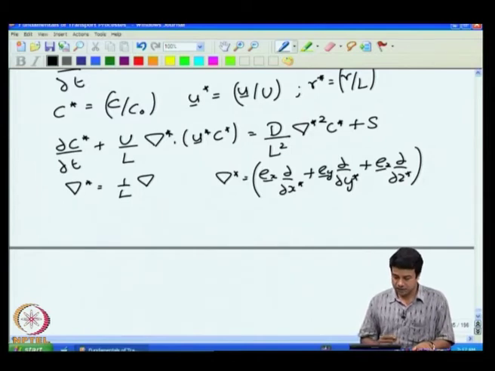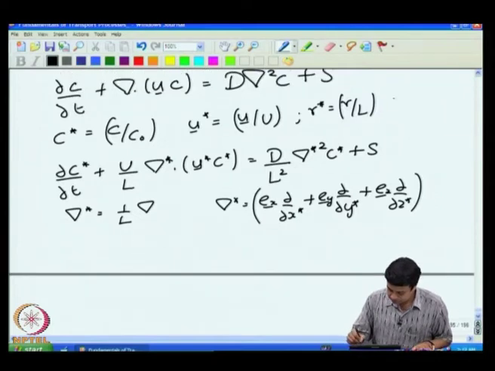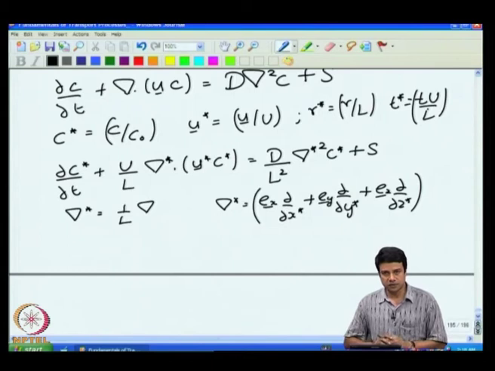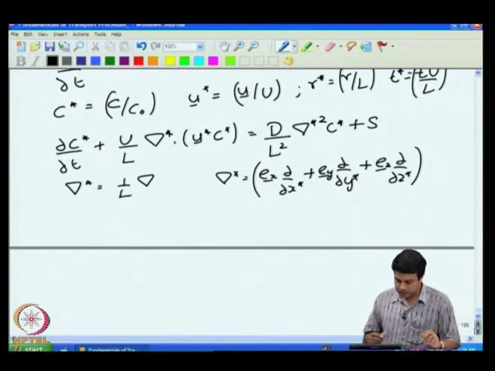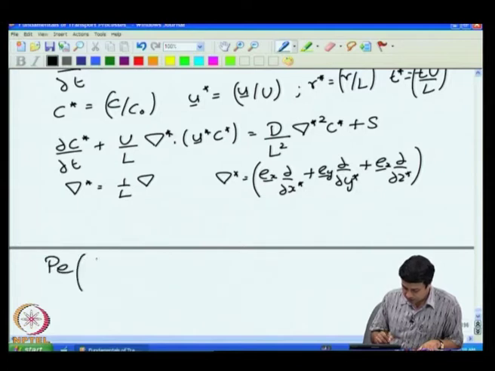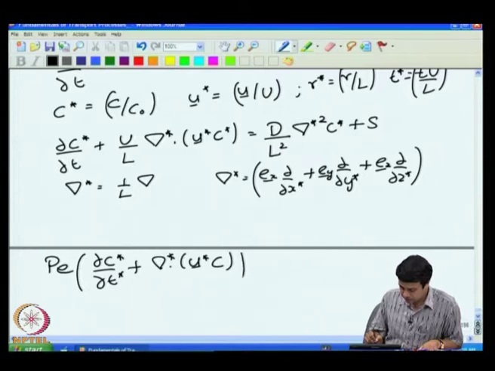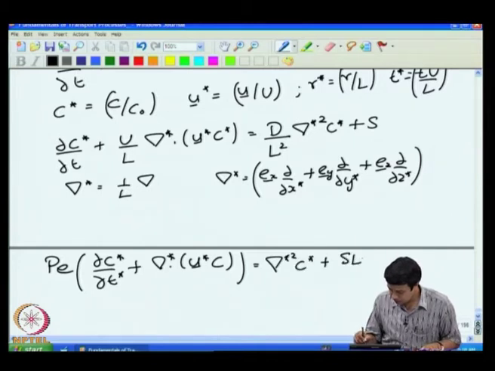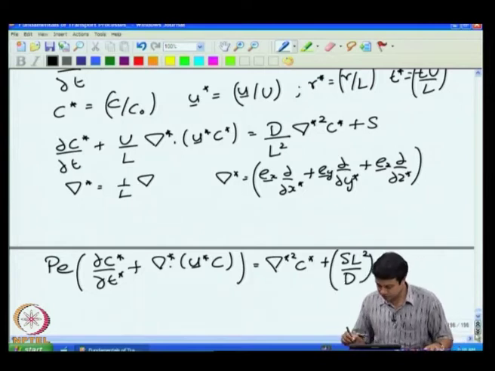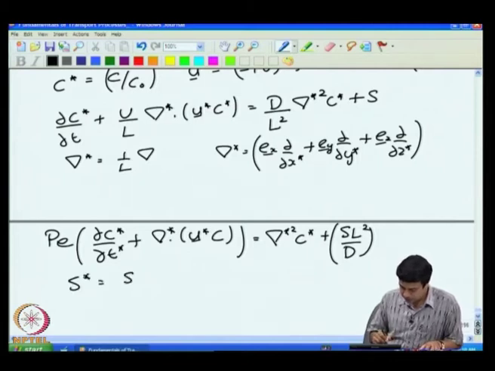The natural scale for t is t star equal to t times U by L, because from the velocity U and the length scale L, there is only one time dimension that I can get, and that is L by U. So, if I express it in terms of this and divide throughout by L squared by D, what I will get is Pe times dC star by dt star plus del star dot u star C star is equal to del star squared C star plus S L squared by D, where this dimensionless source term is now S star equal to S L squared by D.